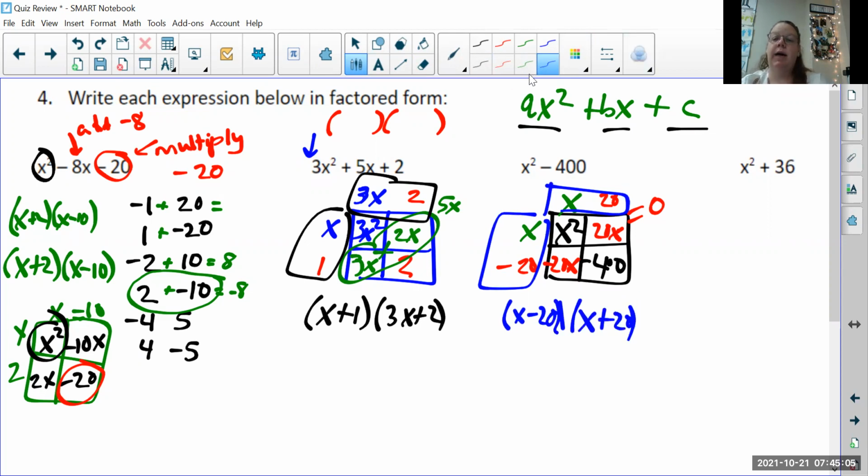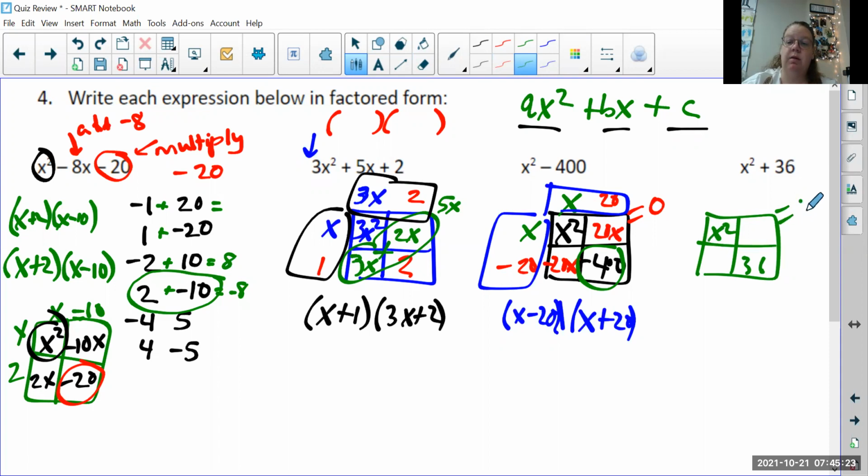All right, now if I look at the last one, remember the last one was a negative 400, and I had to do it that way so I could get the negative 20 and a positive 20, and they could cancel each other out. For this one, if I set up the box, I'm going to have x squared and 36, and I still need this to equal 0.